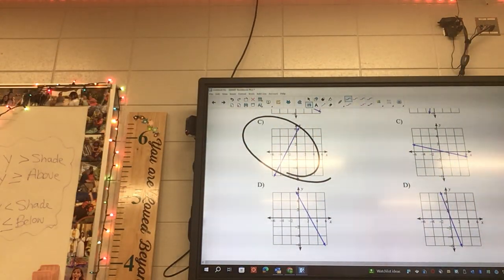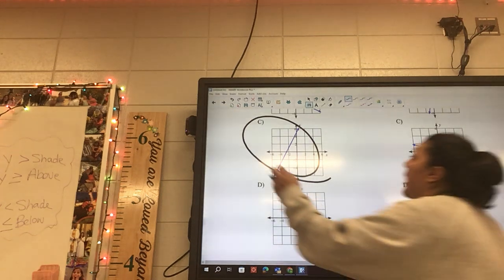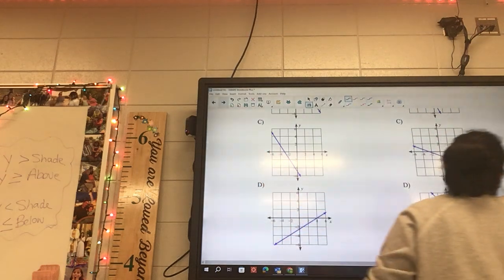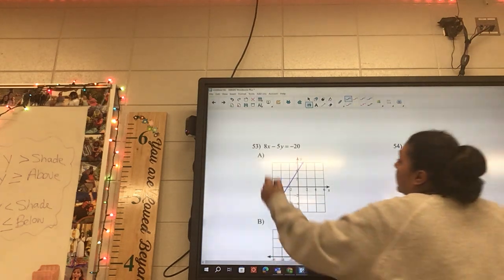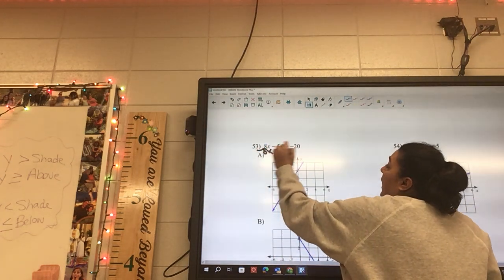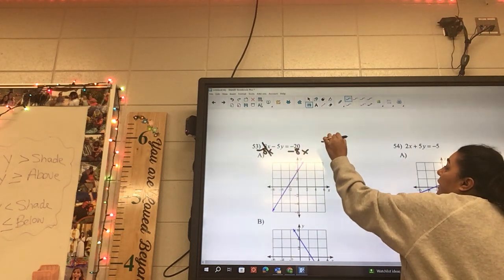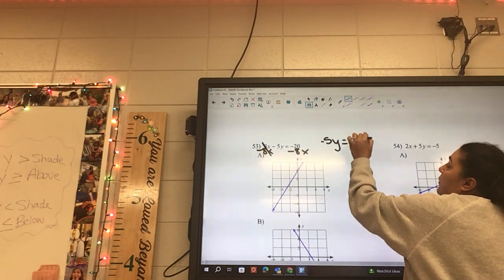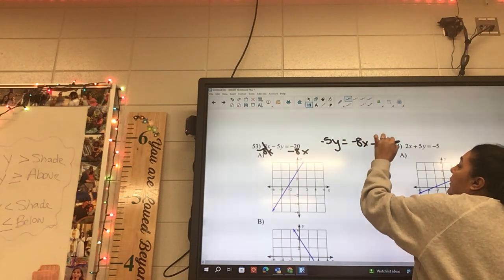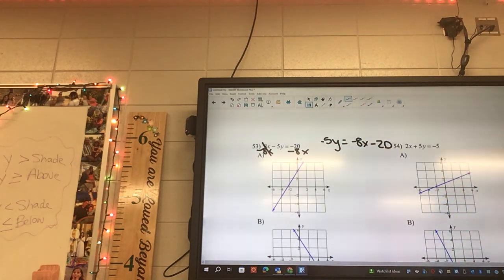Okay, 53, you've gotta do some work, there's no way to go around it. So you're gonna subtract the x's and then divide by the numbers next to the y. So we're gonna say minus 8x on both sides. So I'm gonna get negative 5y equals negative 8x minus 20. I'm just taking it and writing it in a straight line. Then I'm gonna divide by the number that's next to the y. What number's next to the y?